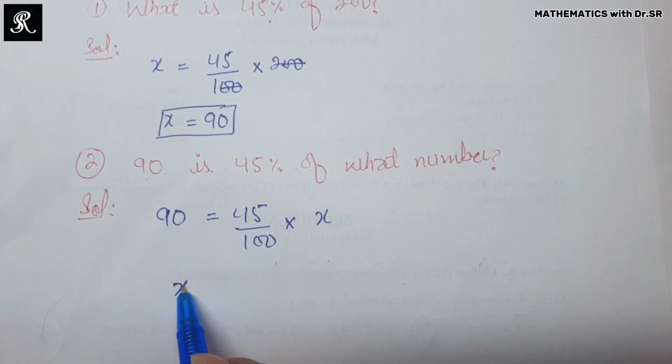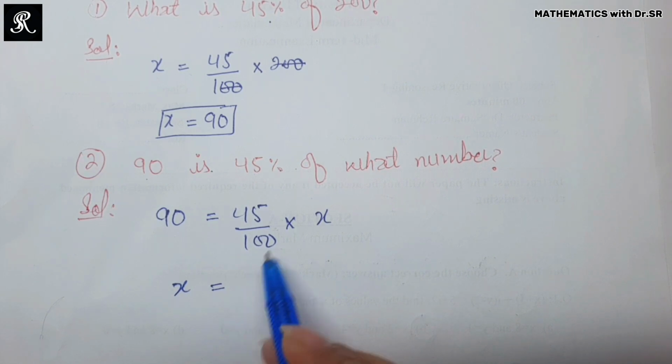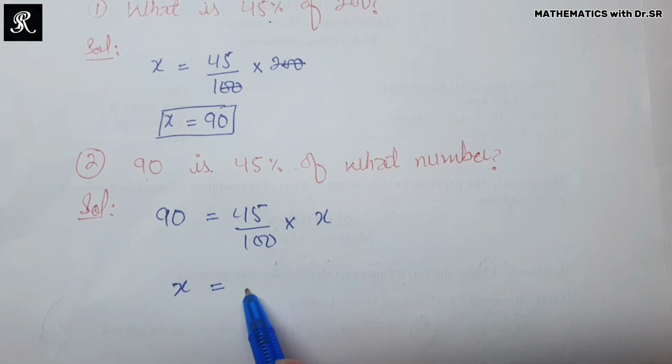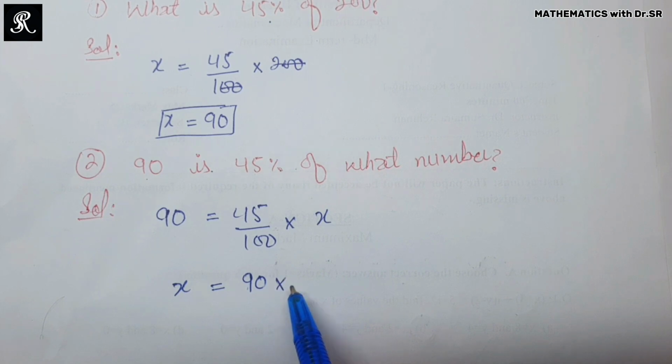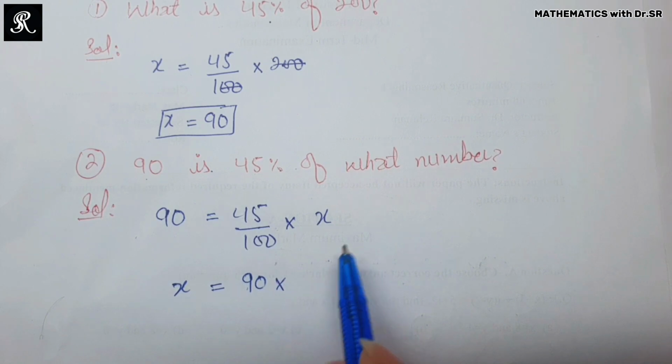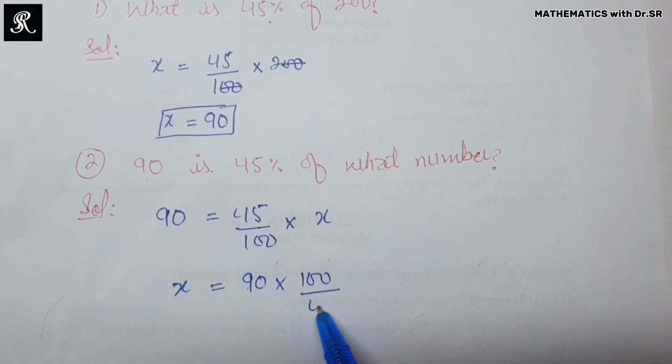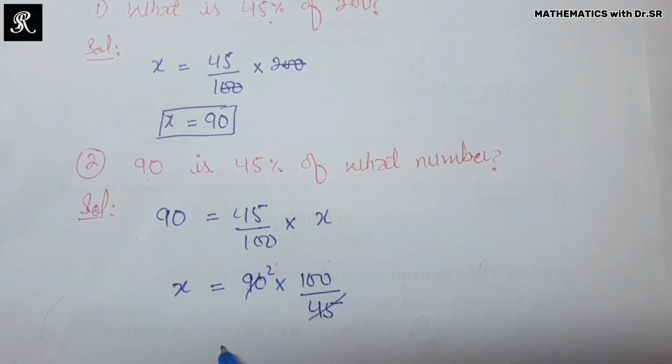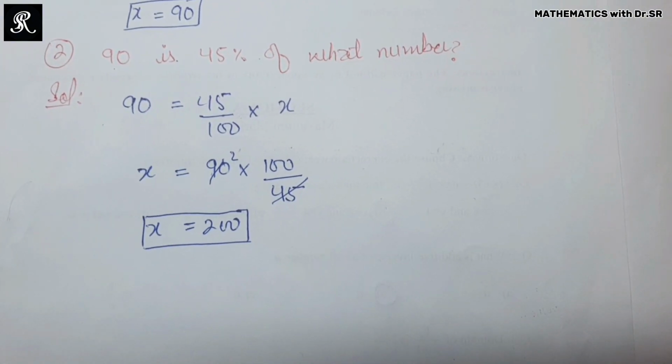We will shift this x to here, and now we will end up with 90 multiplied by, as we shift this fraction to the other side, it will be reversed, 100 upon 45. Now again we need to simplify, and we are left with 200. So this would be the solution to the second question.